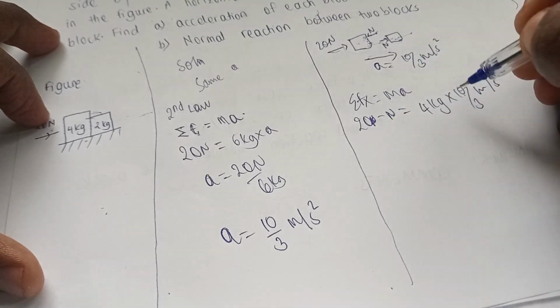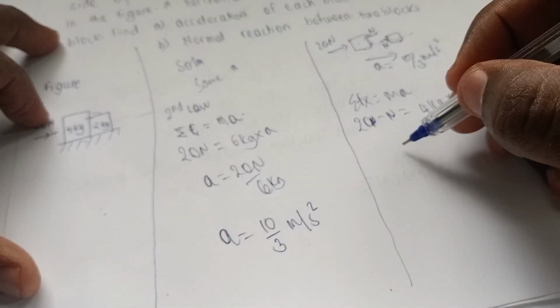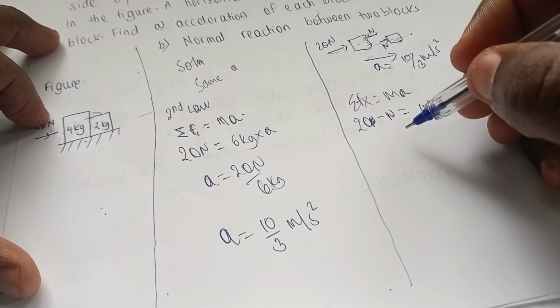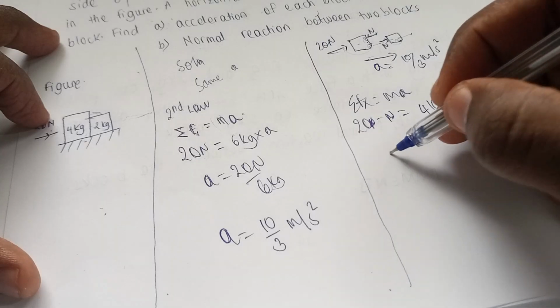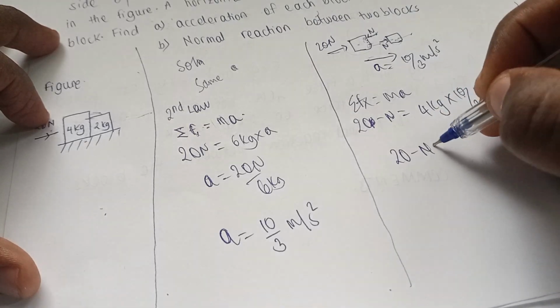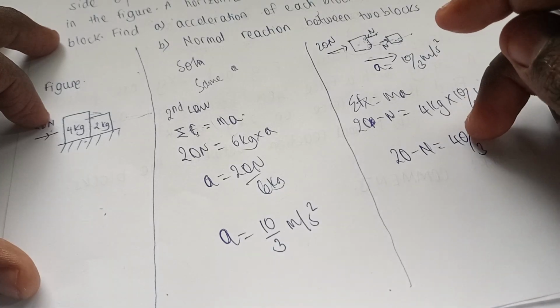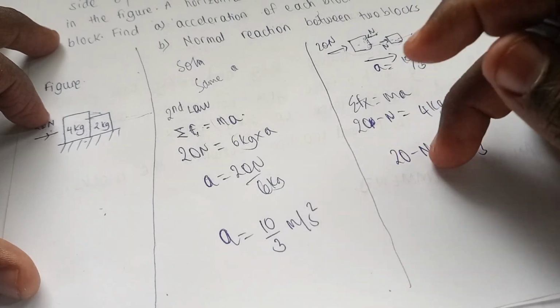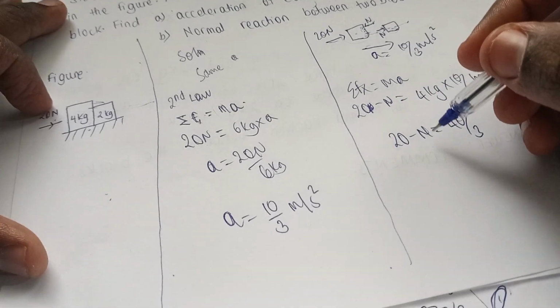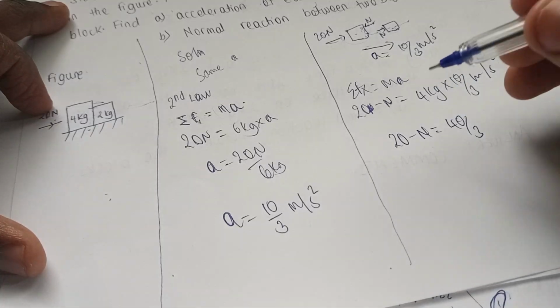So what do we do here? We get 20 minus normal reaction equals 40/3. I want to write newtons here but it will confuse us with this normal reaction, so I write it at the end, right?